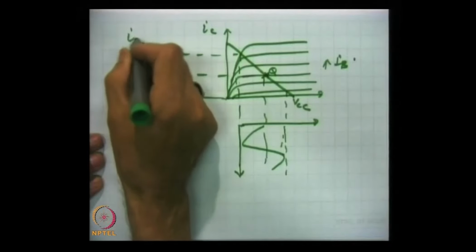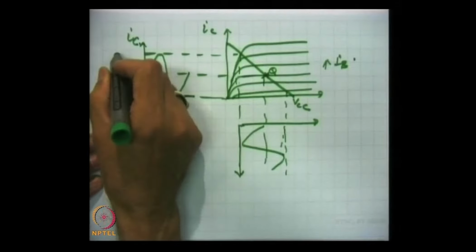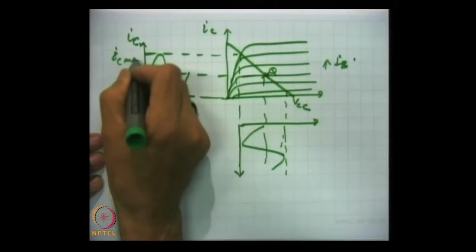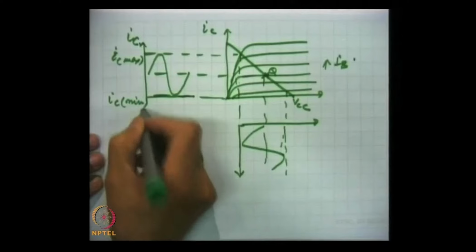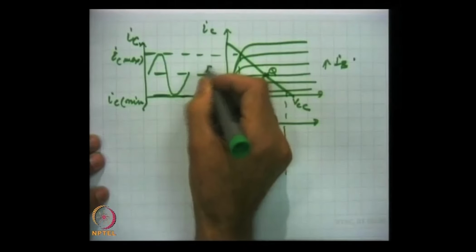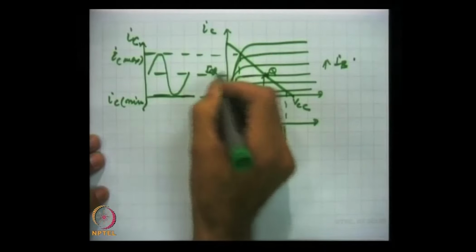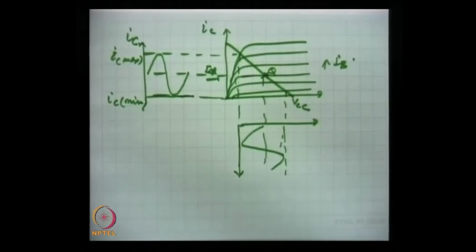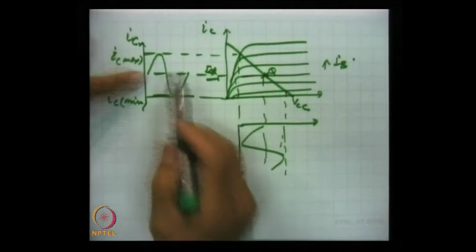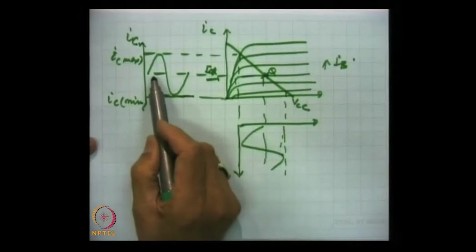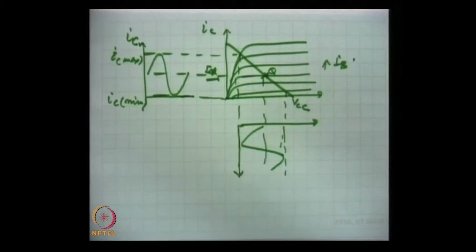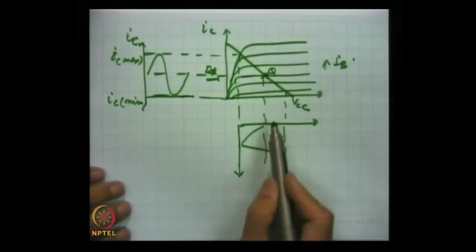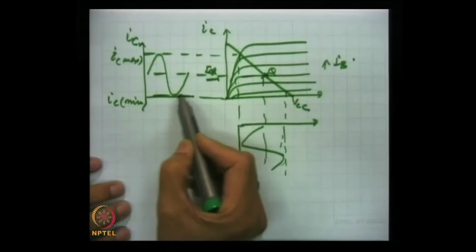This is IC max, maximum. This is IC minimum, and this is ICQ. Across this DC current, the current and voltages will swing because of the AC operation, and this voltage varies and current varies.